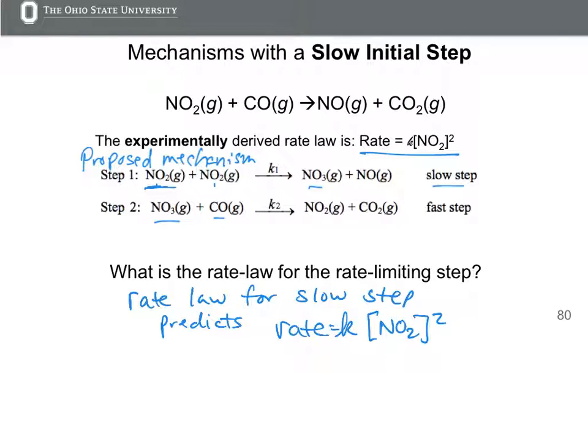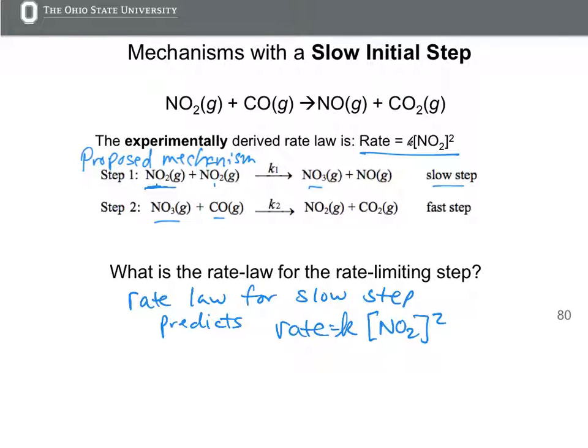So when you go about these problems, you may not know what the experimentally determined rate law is, but you may have a problem where it says determine a rate law based on just step 1, step 2, and which one's fast and which one's slow. Okay? So the second step doesn't affect the rate law because it's occurring so much faster.